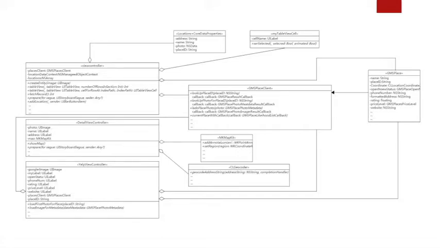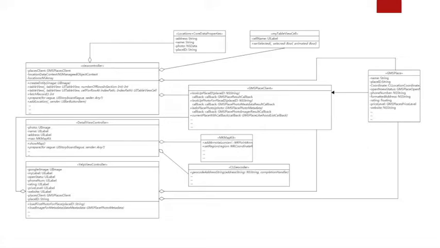So we go to the next one, the detail view controller. I'm going to talk about the show map method. What does it do? It simply initializes the map view we just saw and shows the location of the restaurant. Inside show map, there are two methods I have to mention.